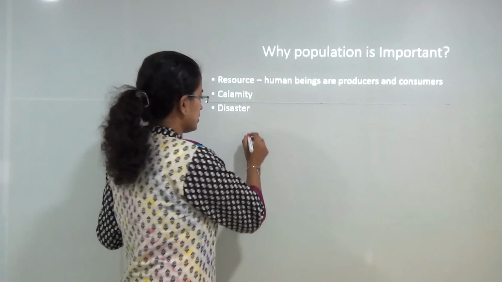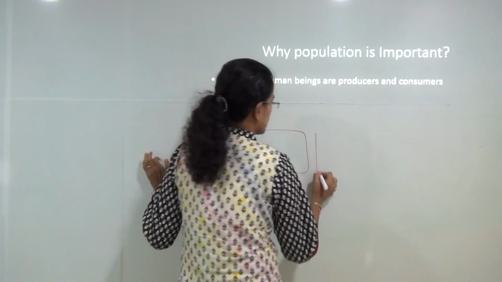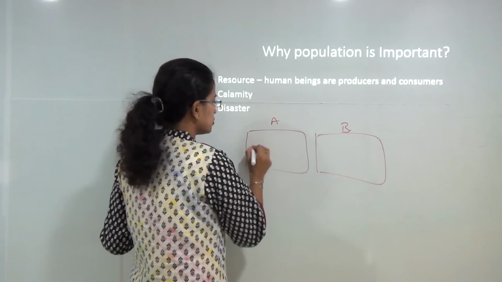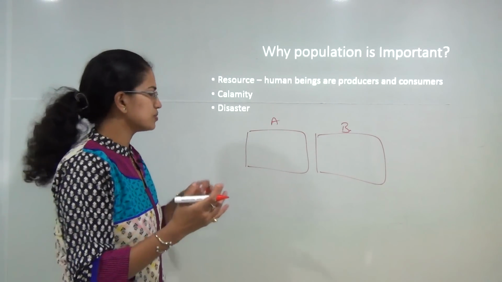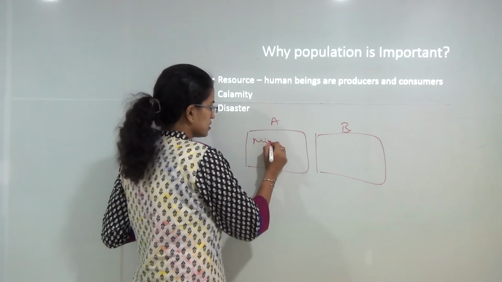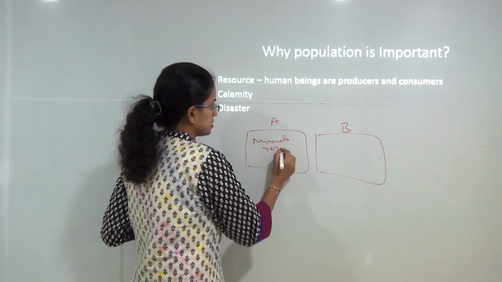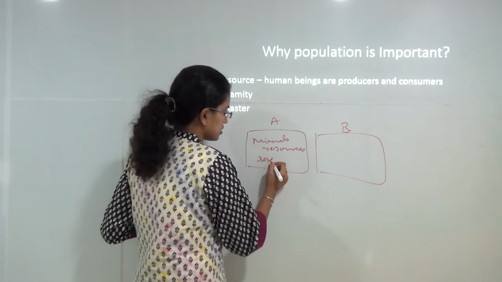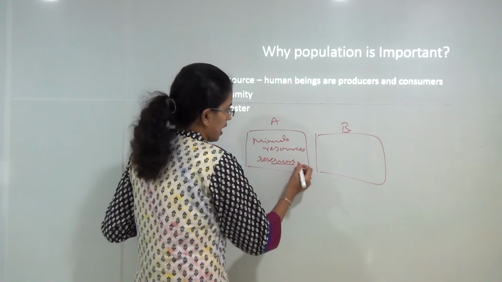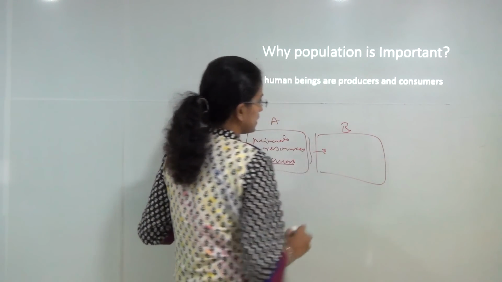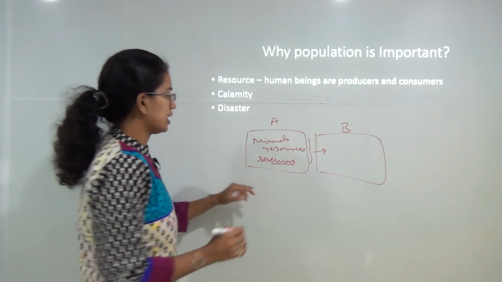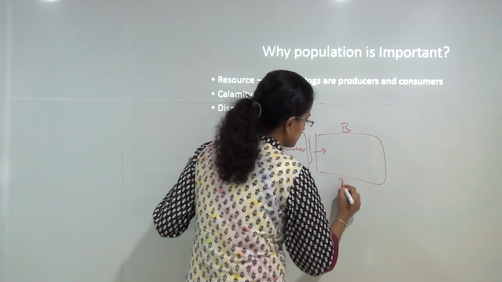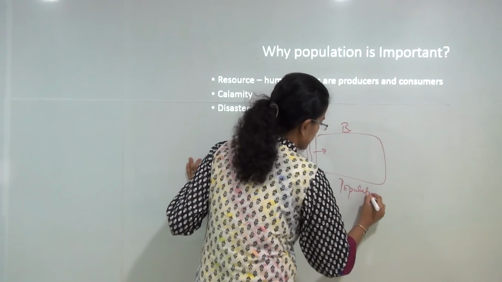Now let's say there are two places, place A and place B. Place A has numerous resources, numerous minerals, ample reservoirs, and the same happens with place B. But place A is barren and place B has a certain population.